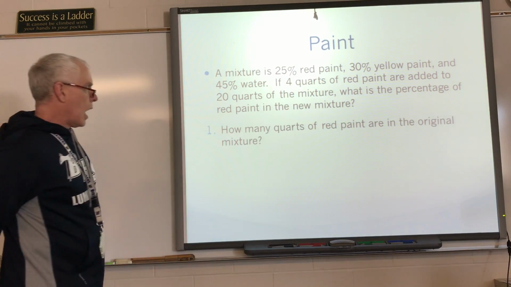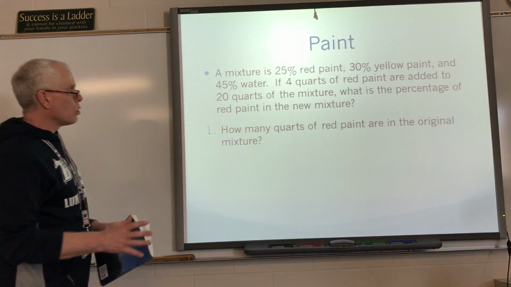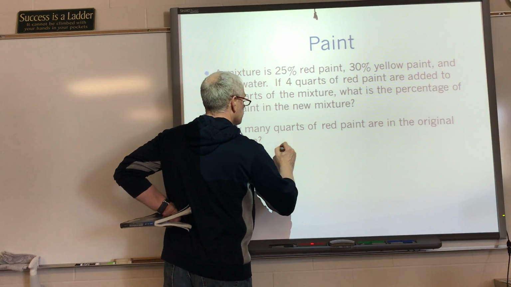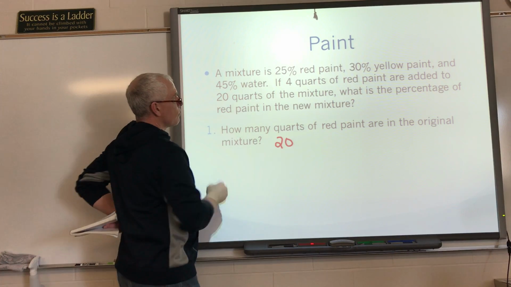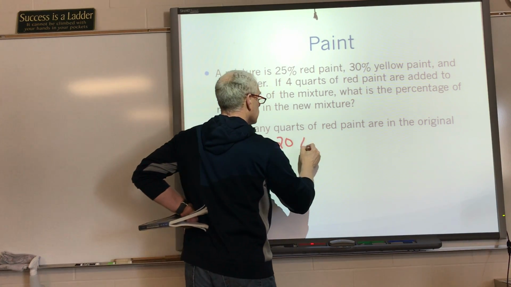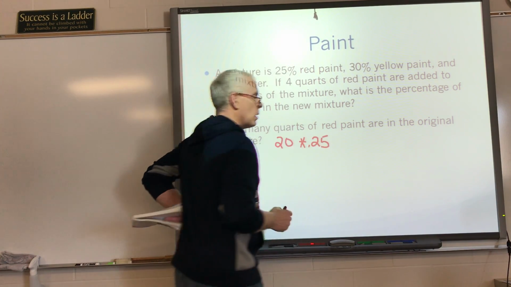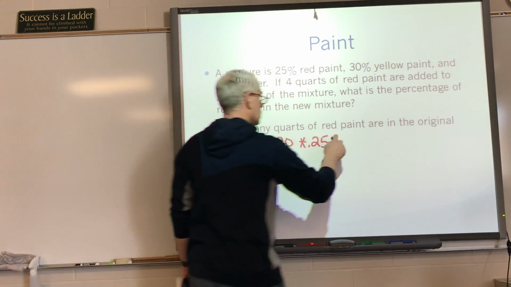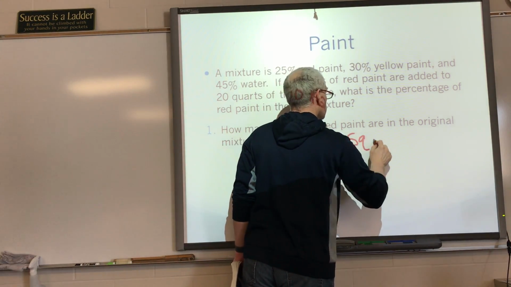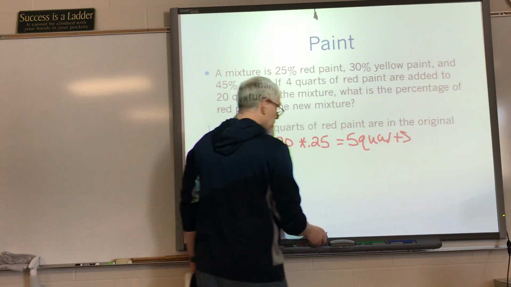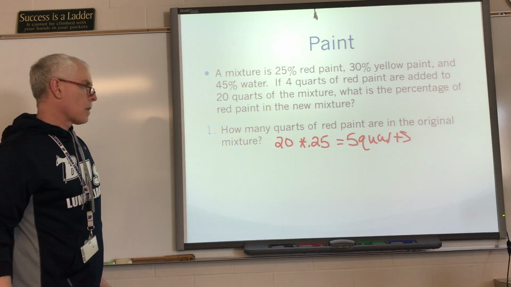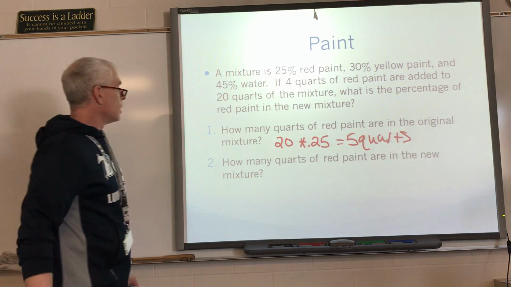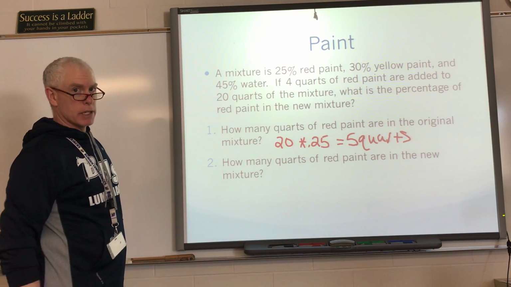How many quarts of red paint are in the original mixture? Well, the original mixture had 20 quarts, and we knew that 25% of it was red paint. So if you take 20 quarts times 25%, 5 quarts of the original mixture was red paint. How many quarts of red paint are in the new mixture?